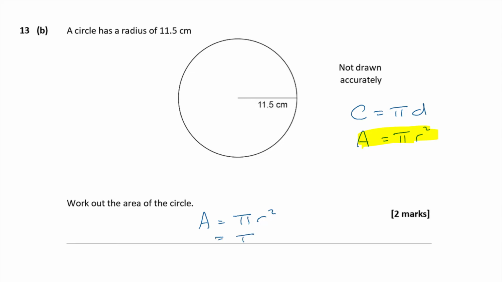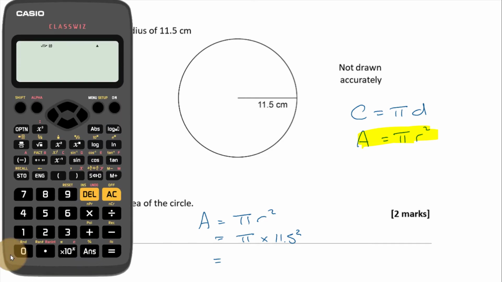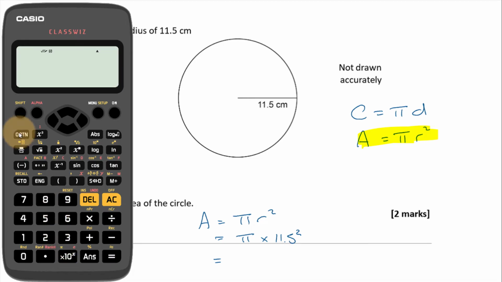which is pi times 11.5 squared. Let's type that into my calculator. I need the shift key to press the pi. Can you see it's down there above the times 10 to the x button? So pi times 11.5 squared. I'm just going to hit the square button.